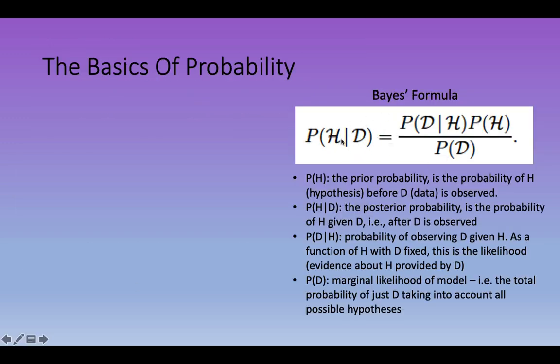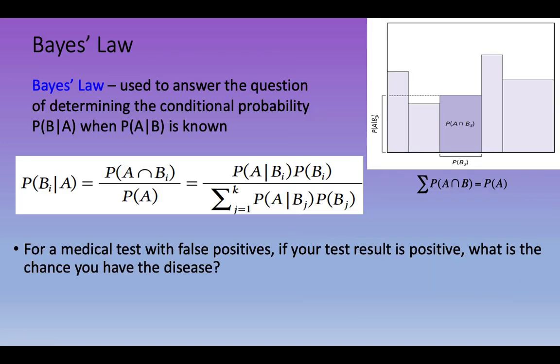When we talked about Bayes' formula, the probability of hypothesis given the data, and then we have our likelihood, our prior, and our total marginal likelihood, our total probability on the bottom. And that's what we're looking at here. We've got our probability of hypothesis given the data, our likelihood, our prior probability of this hypothesis, and then on the bottom here, our total probability or our marginal likelihood.